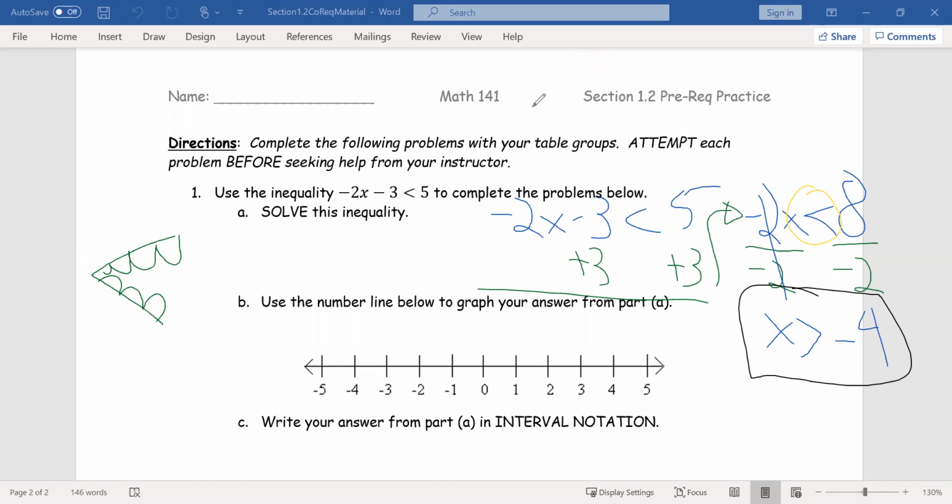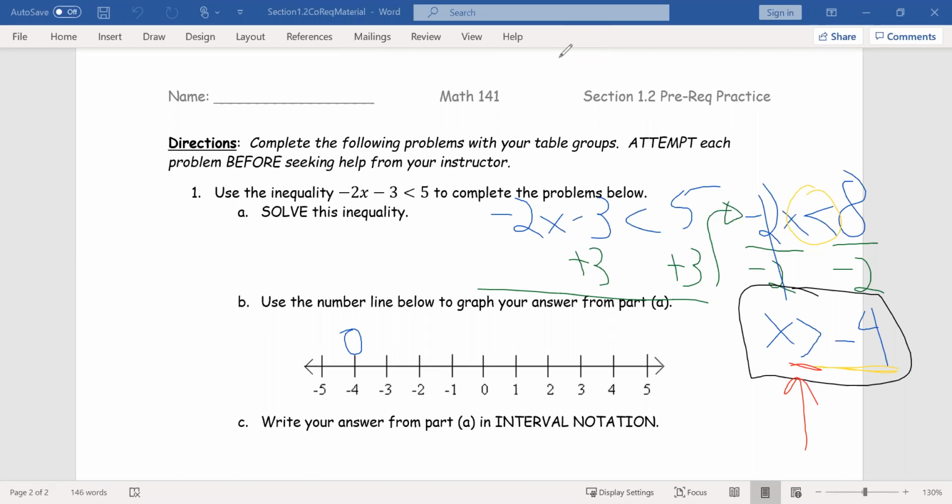All right, now in part B, we're going to graph the solution for this. Okay, so we have a number line here. We need to graph it. The way we can do that, first of all, is looking at the inequality. The only number I see here is negative 4. So I'm going to start at negative 4 with some sort of a dot. In this case, it will be an open dot, because if I look at my inequality, it's just a greater than.